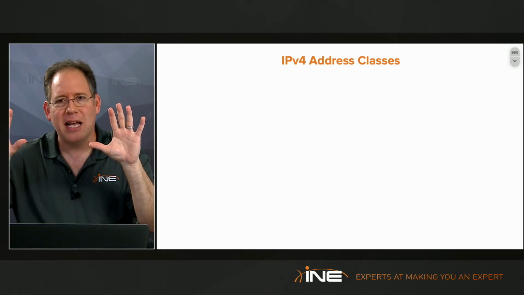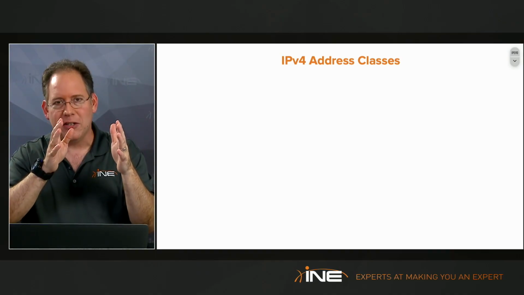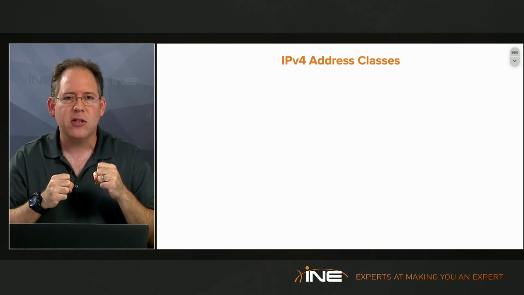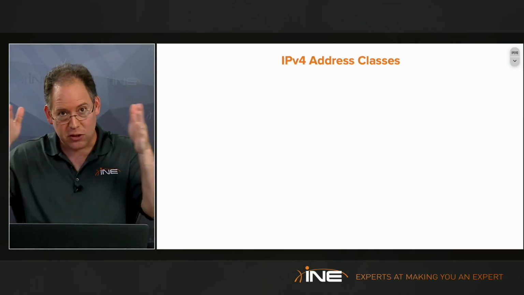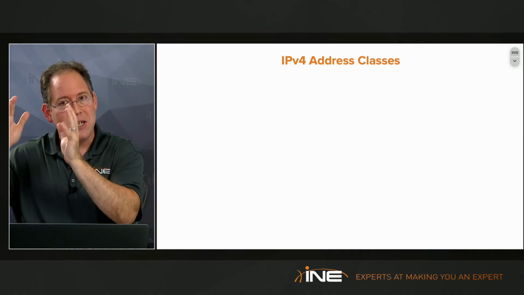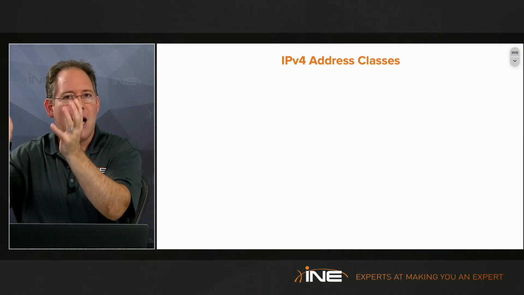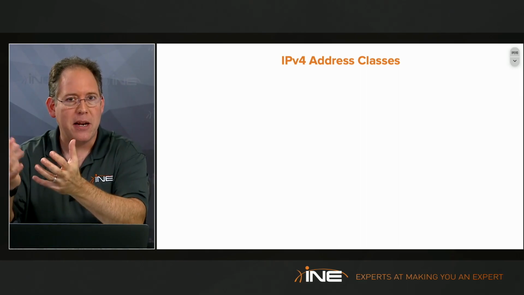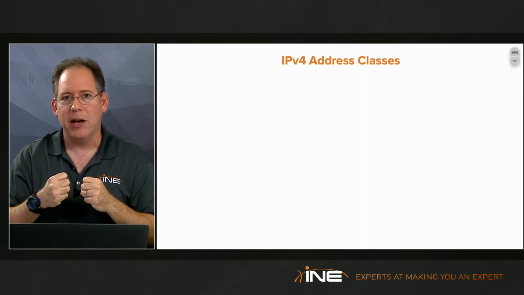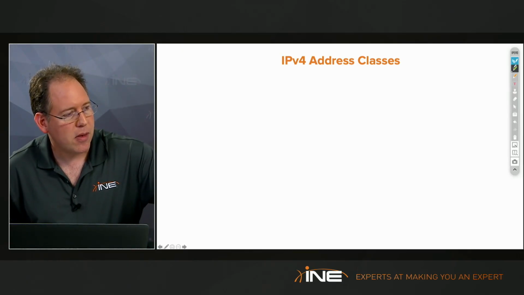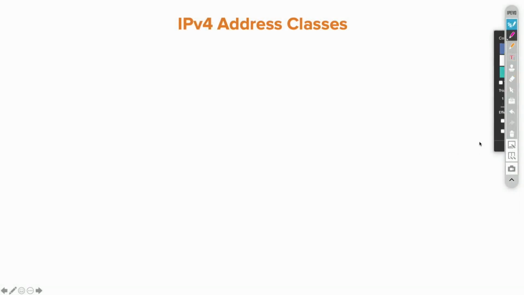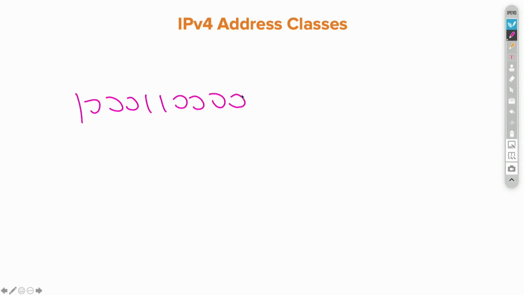Well, the way it does that is because it looks at its source address. And the device, when it looks at its source address, has to know somehow that of those 32 bits, there are some bits in the beginning that form a common pattern for everybody that is on its own local network. In other words, if I'm sitting in the payroll department, and let's say that the IP address I've been given in binary looks like this. I'm not going to do 32 bits, but let's just put some random bits in here.